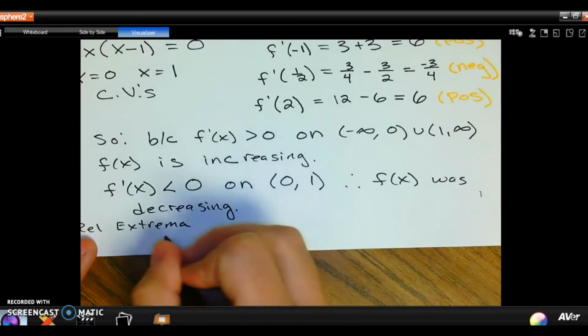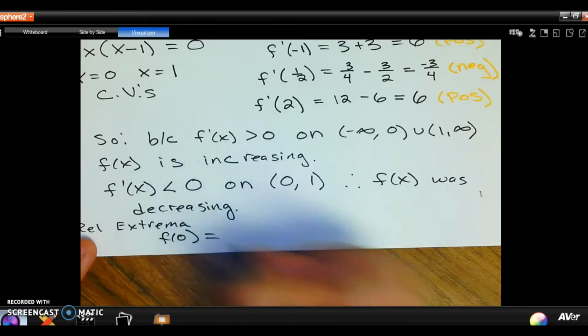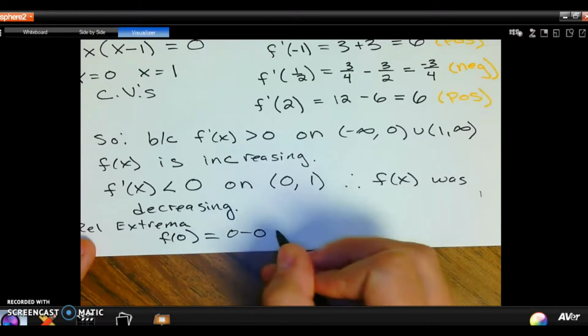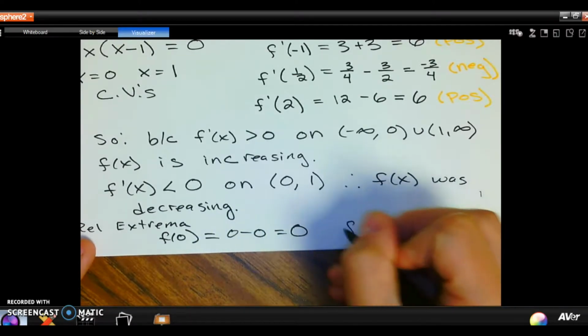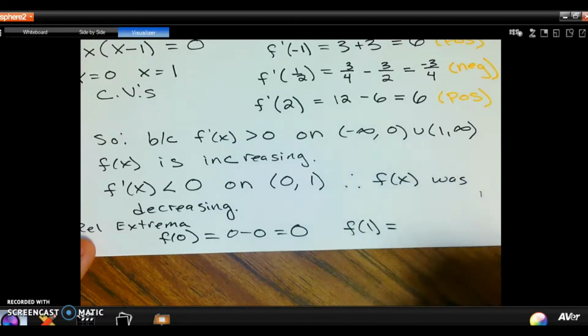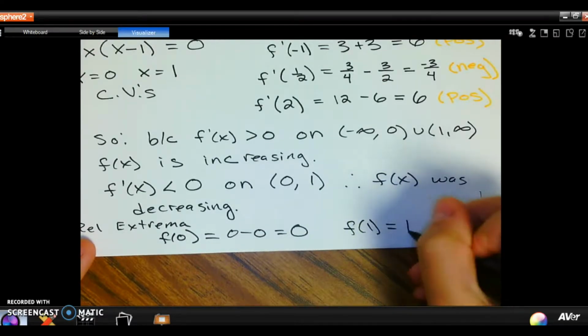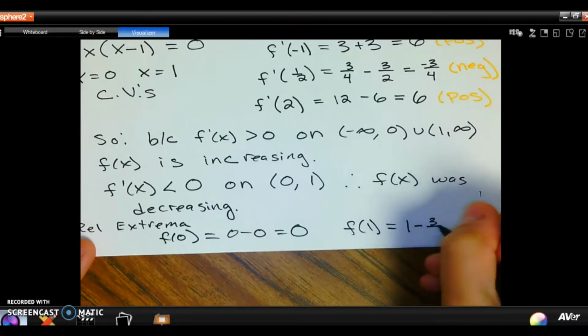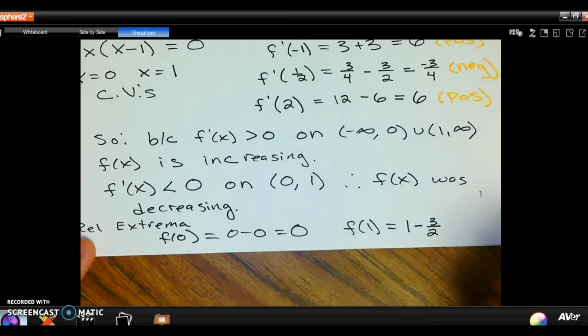So that's figuring out what is f of 0. When I plug in 0 into the original, I get 0 minus 0, so that's 0. And when I plug in 1, the other critical value, I get 1 minus 3 over 2, so that's negative a half.